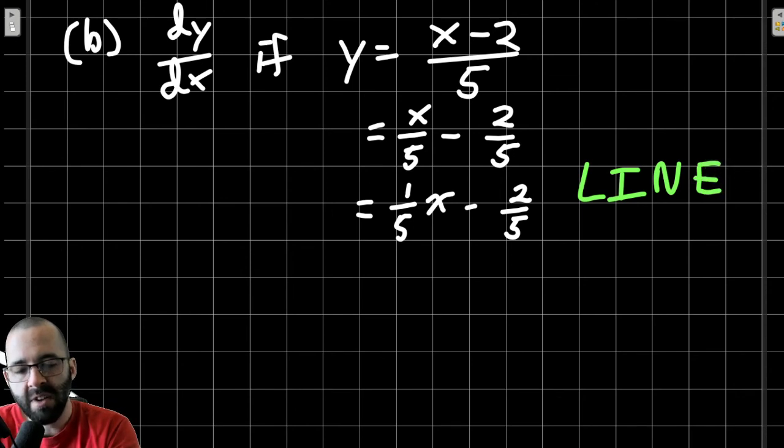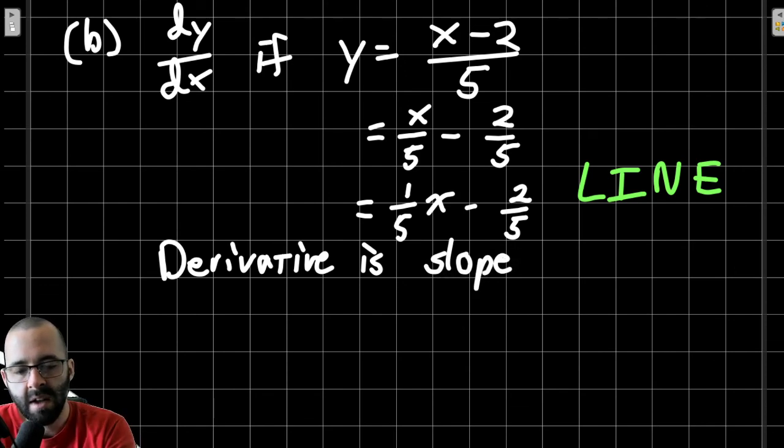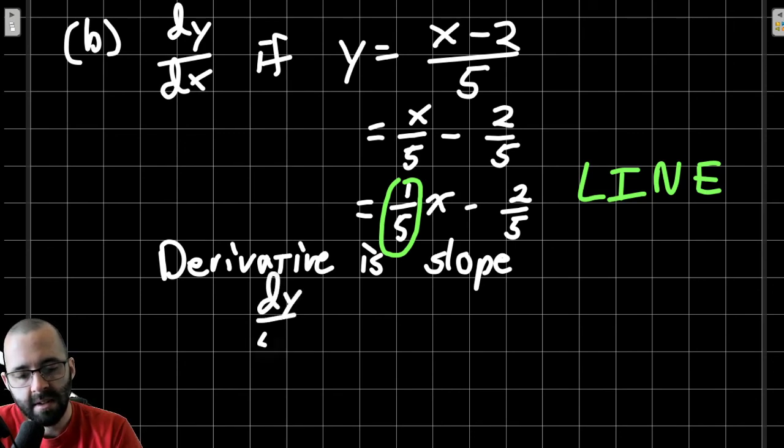So we're trying to find the derivative of a line. And remember that derivative is the slope. Well, all of you at this point know the slope of that line, right? The slope of that line is mx plus b. The slope of the line is just 1/5. All right. So dy dx equals 1/5.